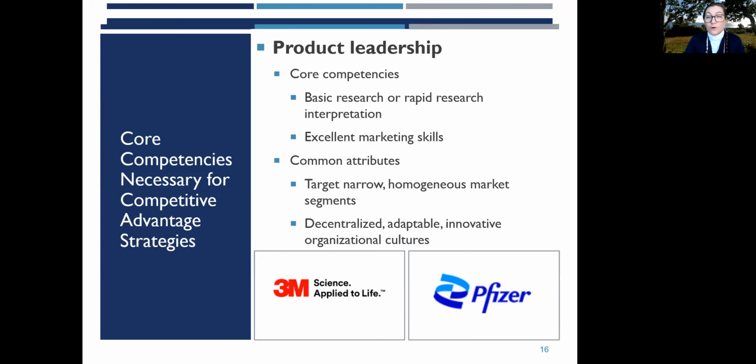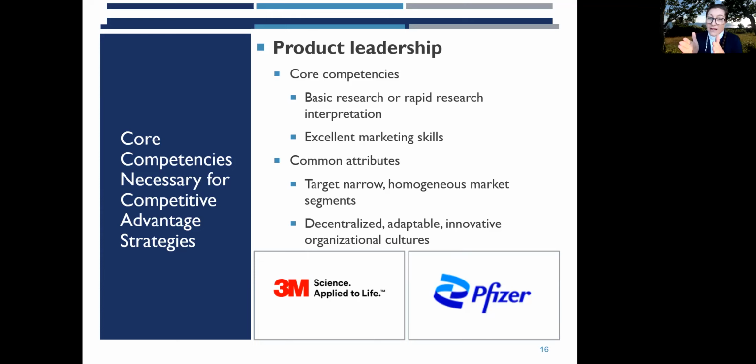Now, apart from these core competencies, typically organizations that are demonstrating product leadership as a competitive advantage target a narrow but homogeneous market segment, right?